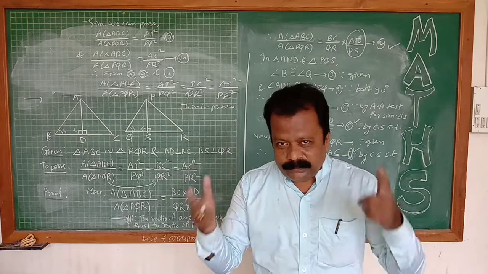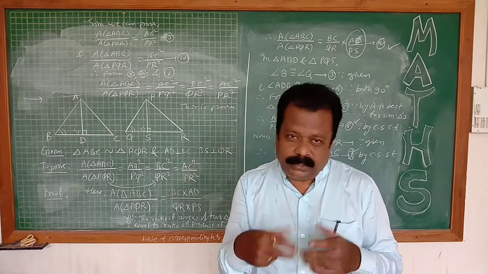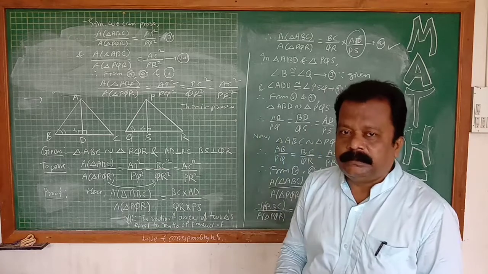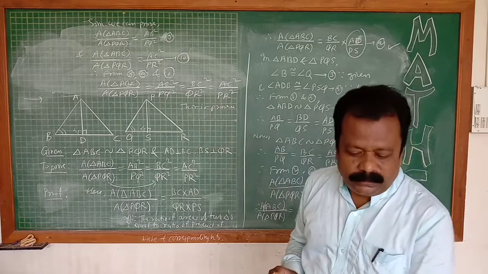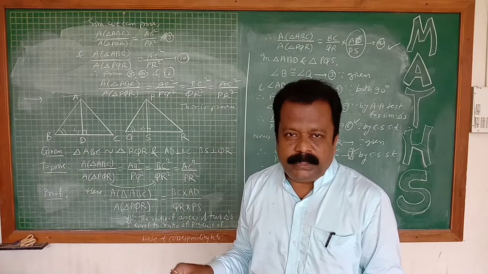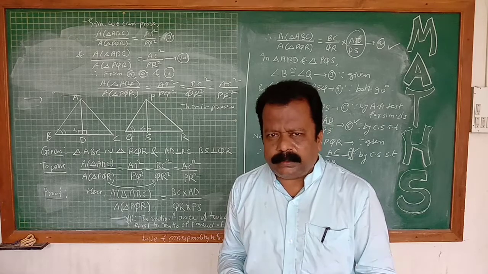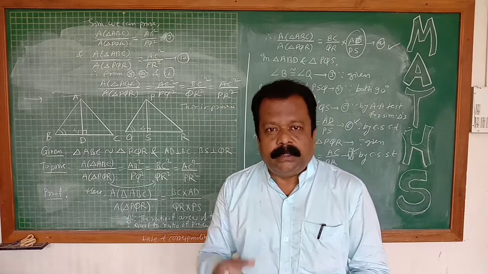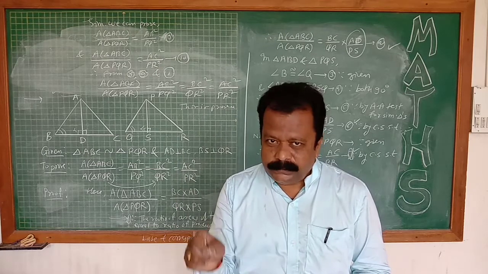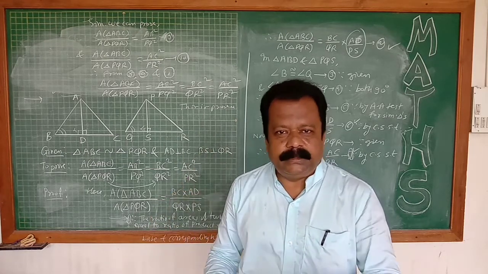Try to understand the basic concept, the trick and that method, and according to that you can solve any type of example from any book on similar triangles, not only state government, but CBSE pattern, ICSE pattern, or any book in the market.